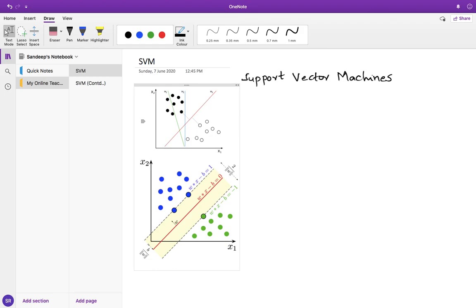If you take it as a classification problem, although many other tasks can also be accomplished using support vector machines, we can treat support vector machines as a supervised classification algorithm. Here, as you can see, there are two classes.